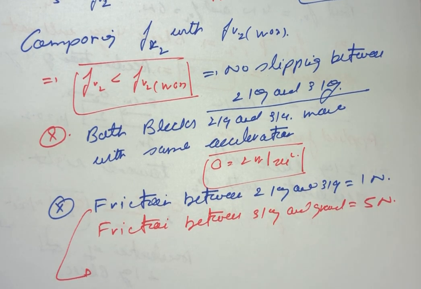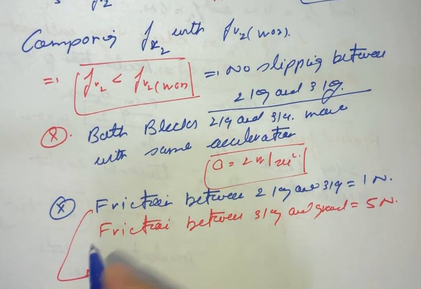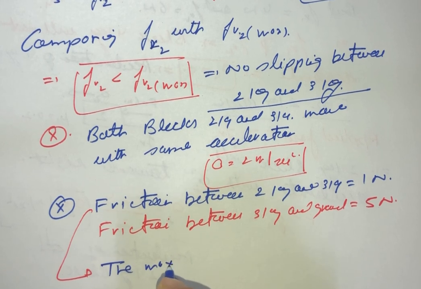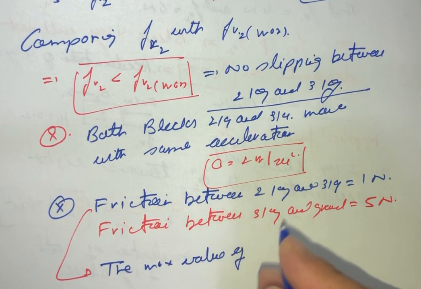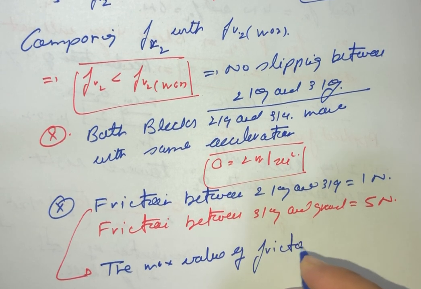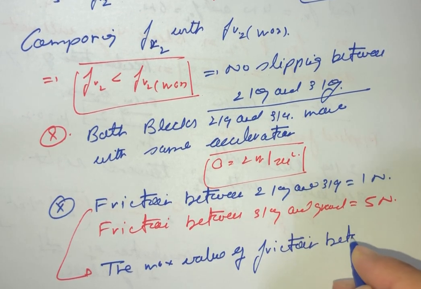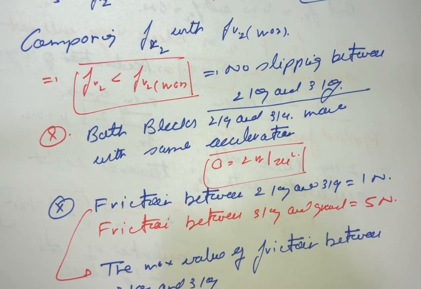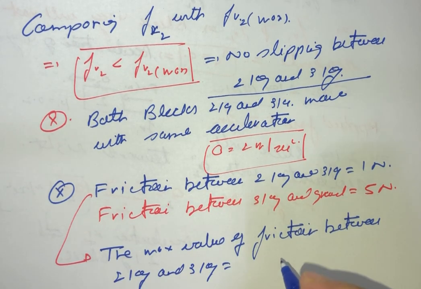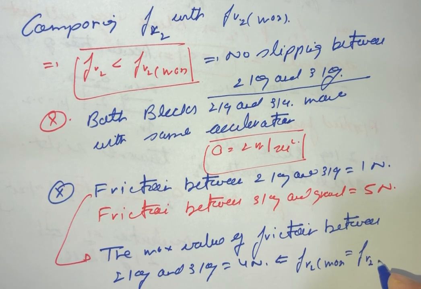Now we know that the maximum value of friction between 2 kg and 3 kg is 4 newtons. So basically it means this is your FR2 max, or sometimes it is also called FR2 limiting.